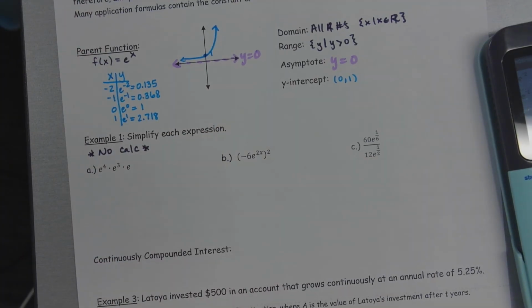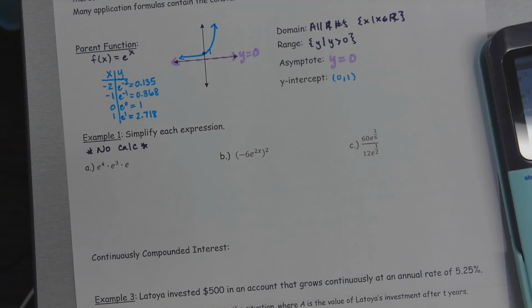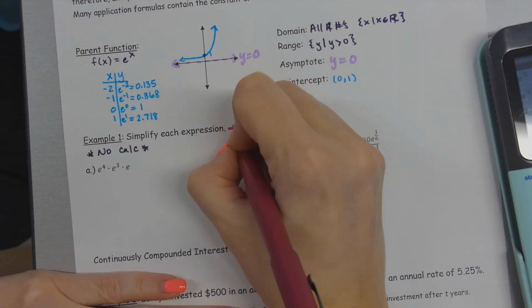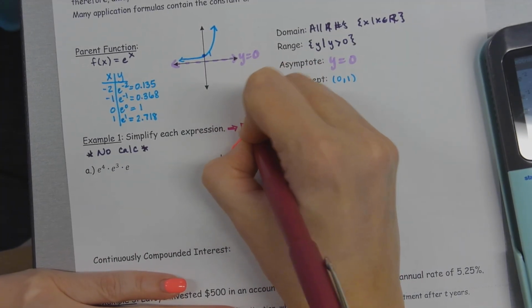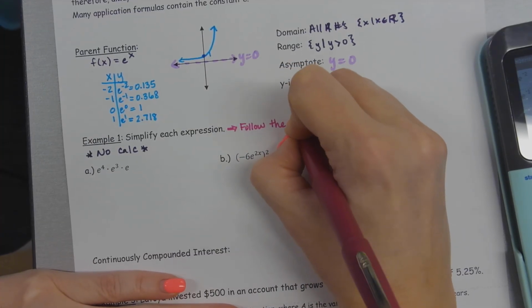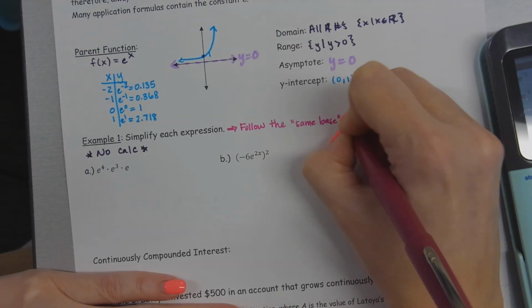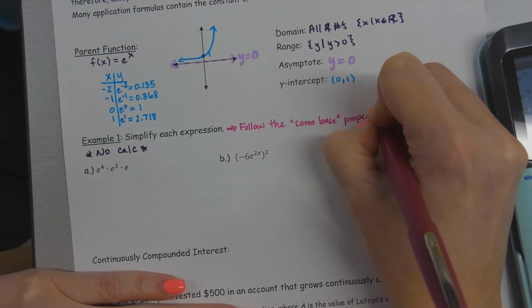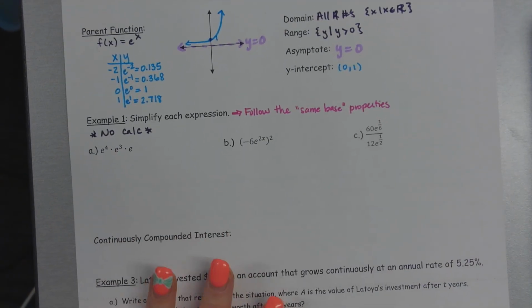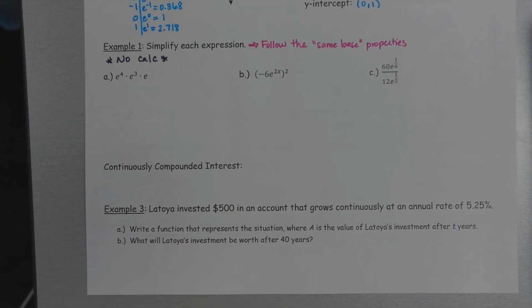When you simplify the expression, you are going to use the same base properties. These are your algebraic properties. We worked on some of those in chapter 6 as well.